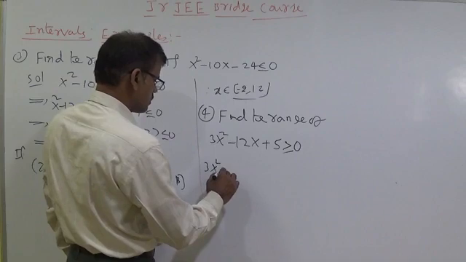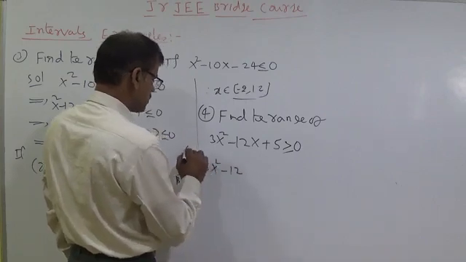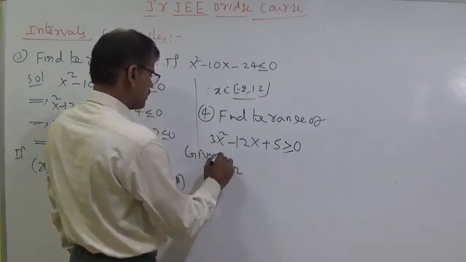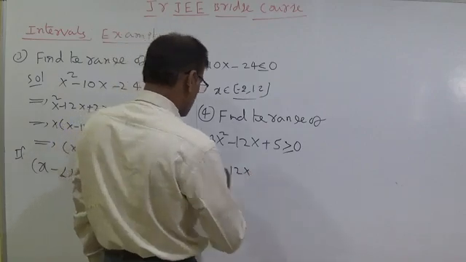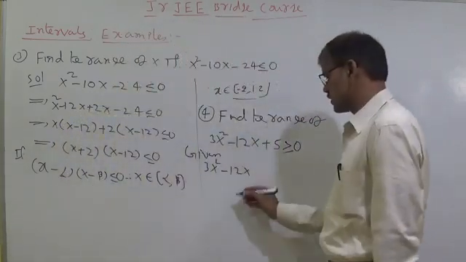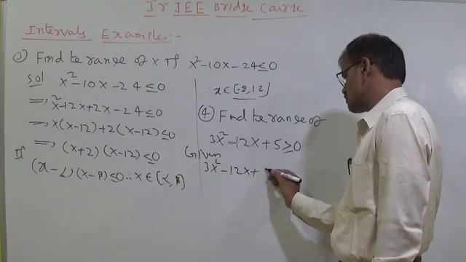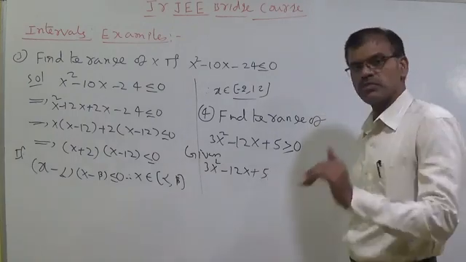Let us write the given value. I am writing the given quadratic expression as 3x square minus 12x plus 5.